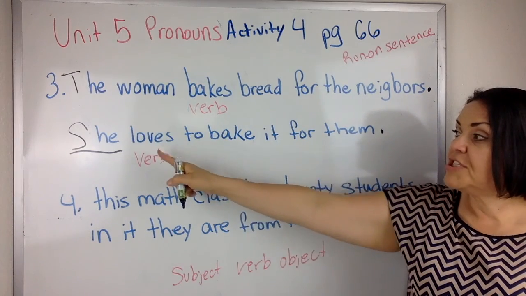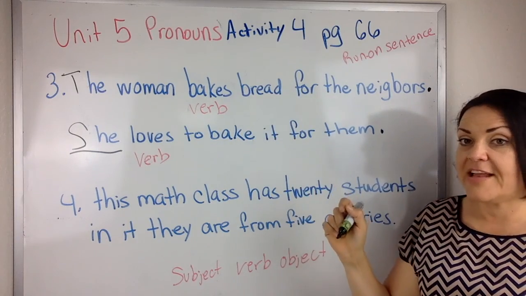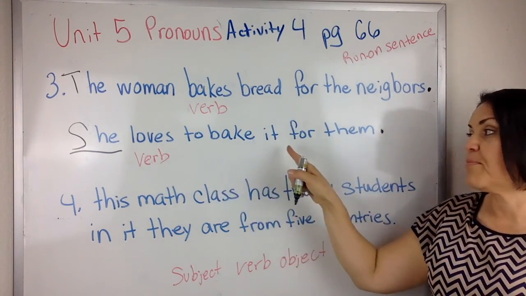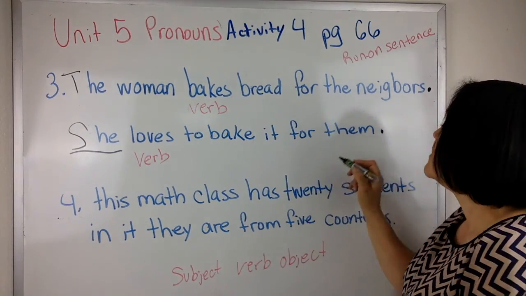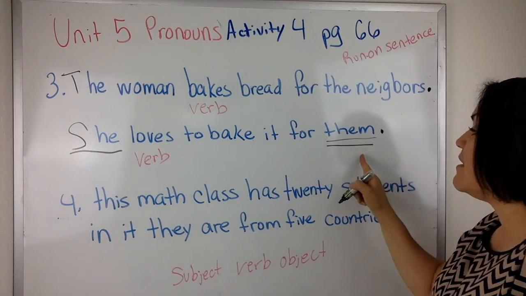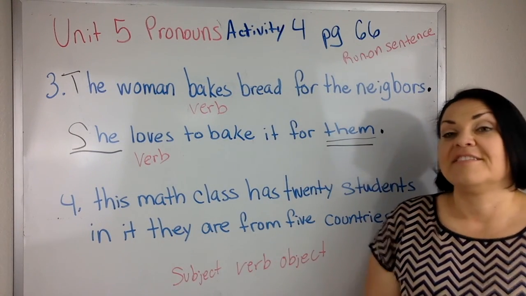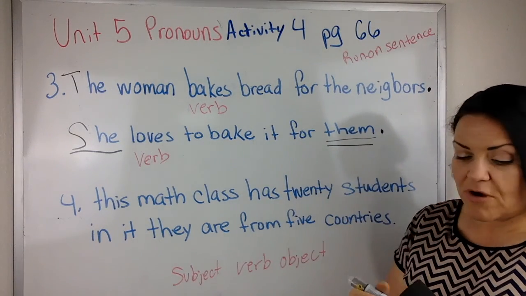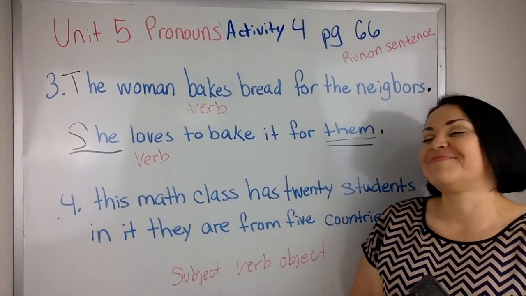So, she loves to bake it. It is talking about the bread, but that's not the object. She loves to bake it for them. This is the object. They're receiving the bread. The neighbors.